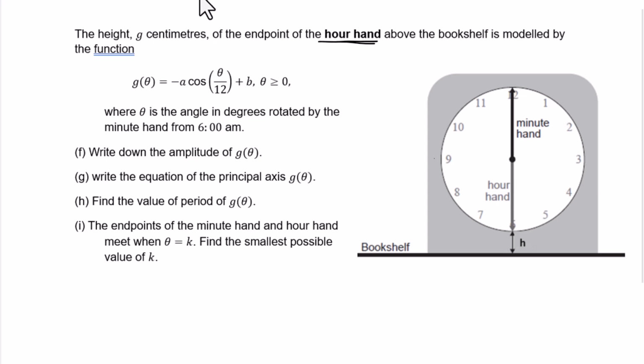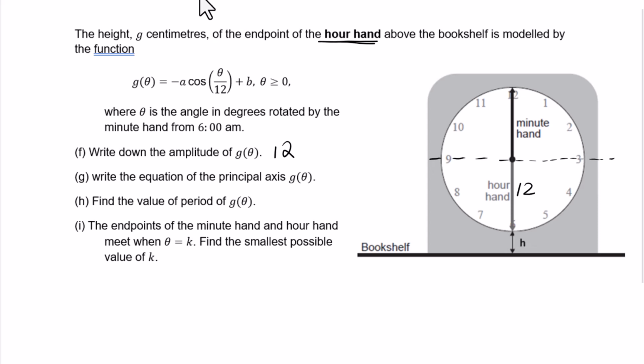Amplitude will be the distance from the midline to the maximum or from the midline to the minimum. It's the radius of this clock face. Our hand is 12 centimeters, so 12 is the answer.